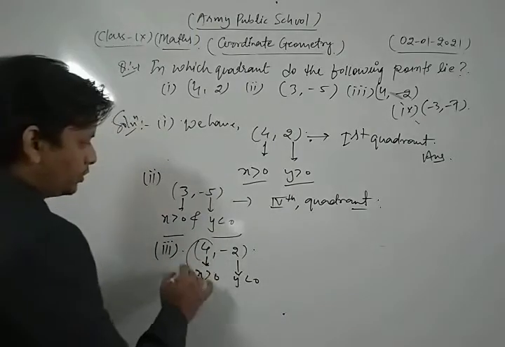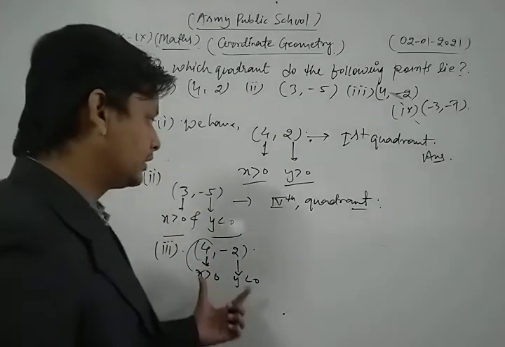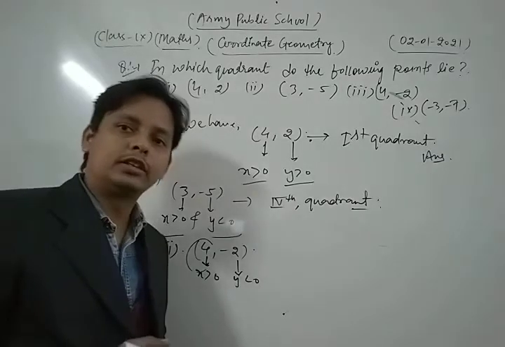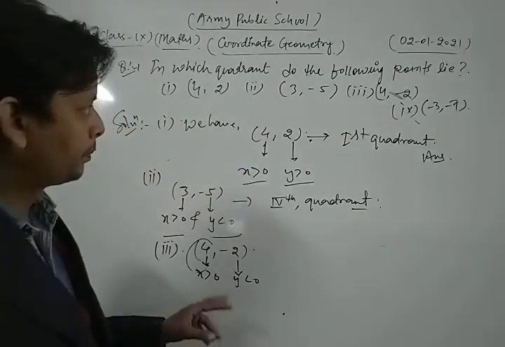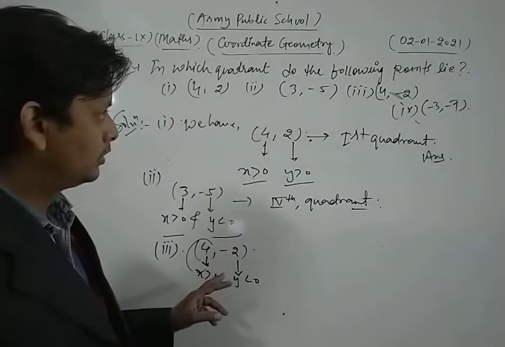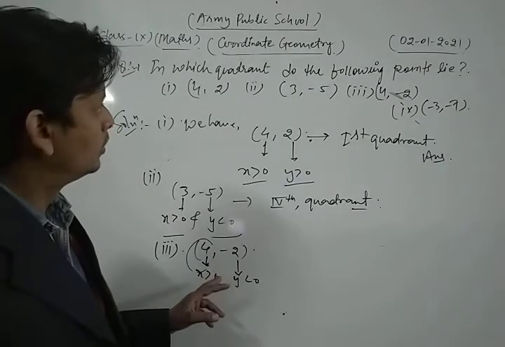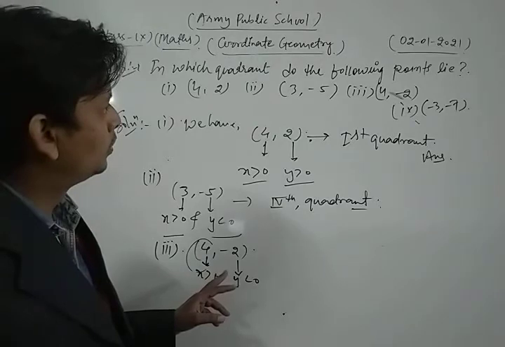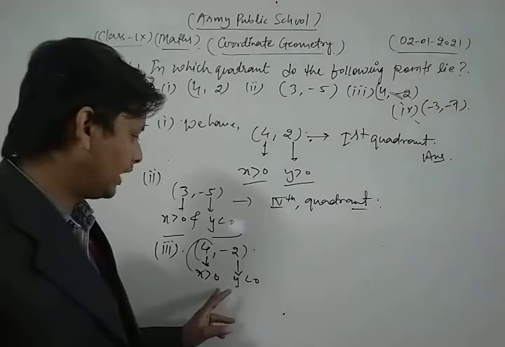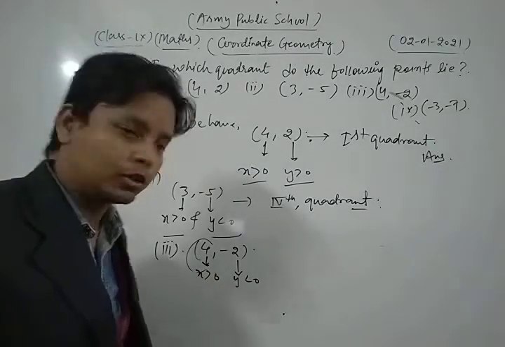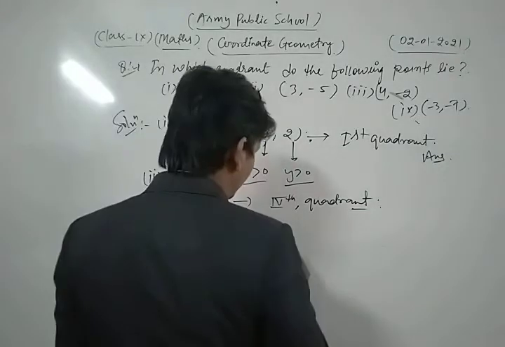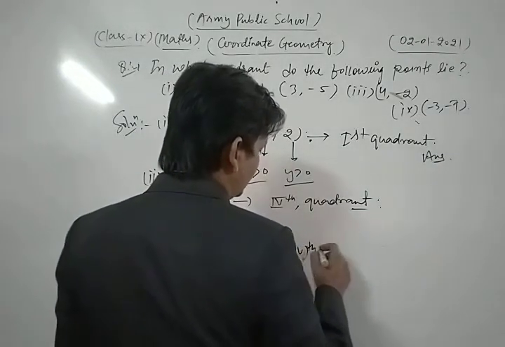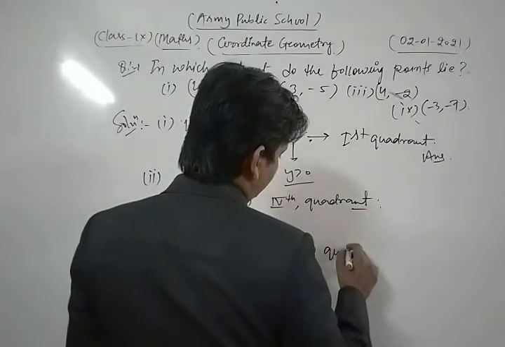So abscissa is positive and ordinate is negative. This also lies in the fourth quadrant, because in the fourth quadrant abscissa is positive and ordinate is negative. So the point (4, -2) also lies in the fourth quadrant.